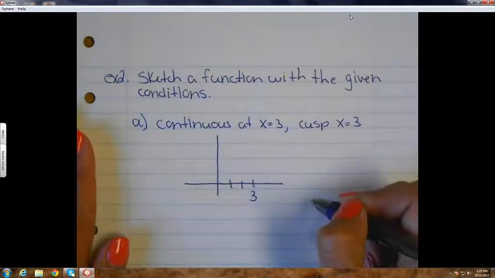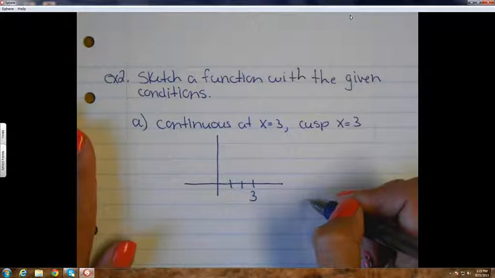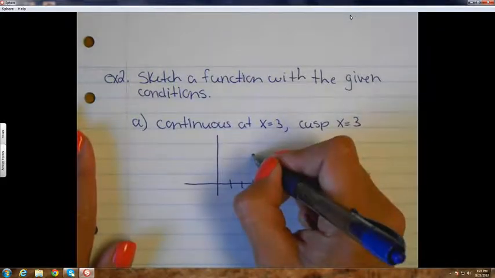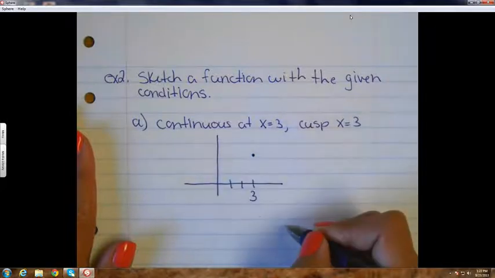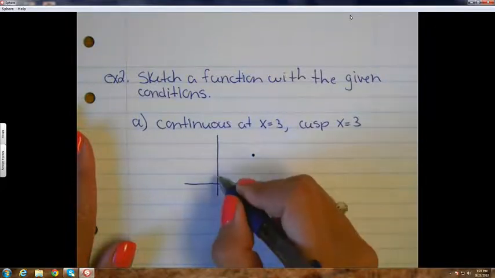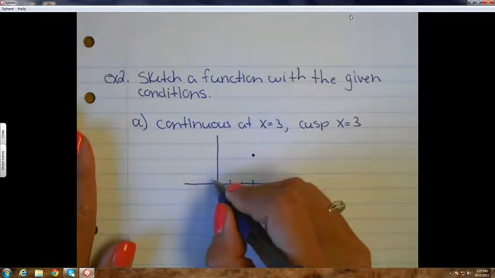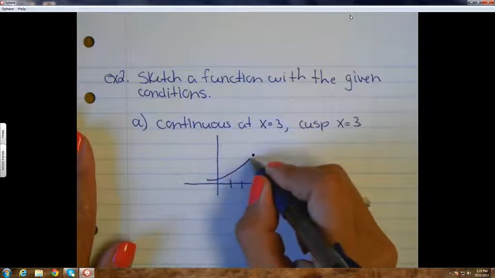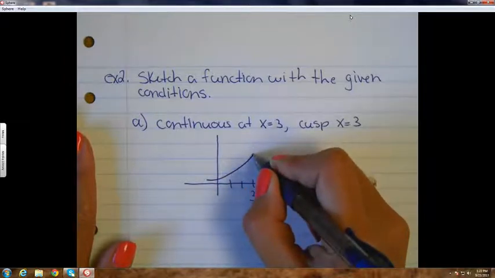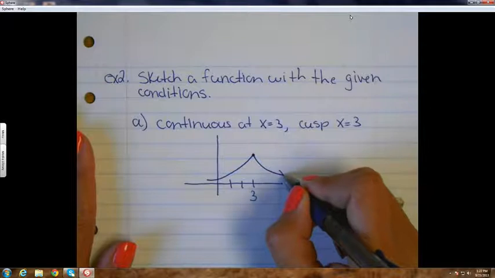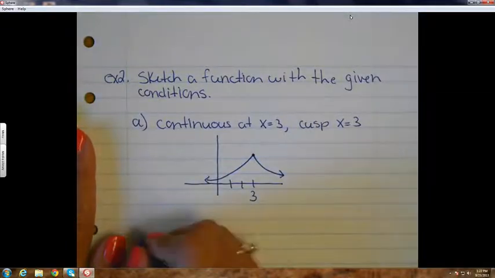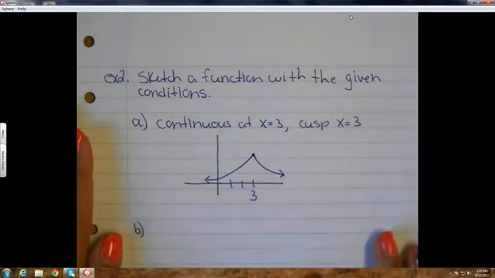I have to be continuous there, so it can't be a hole or an asymptote or a jump, and I have to have a cusp there. So it's just knowing what a cusp is on this one. A sharp change in direction. I would say maybe like, let's see, if I come in like this, and then sharply change, come back down, swoop away. There it is. That's an easy one. Next one.